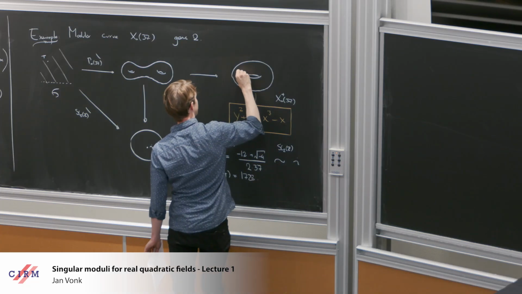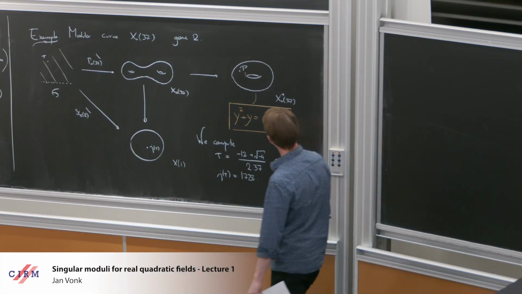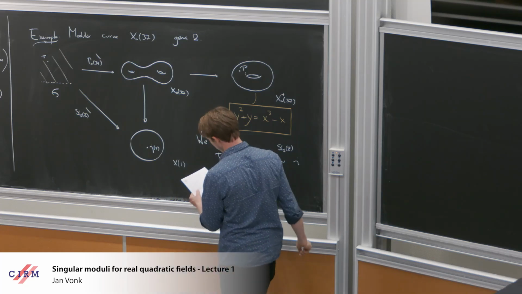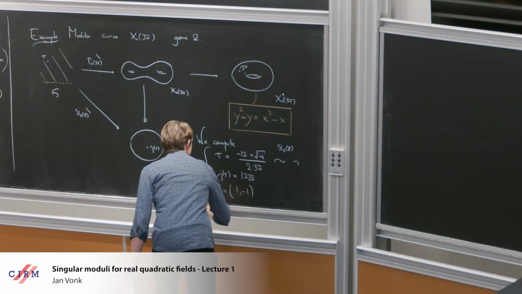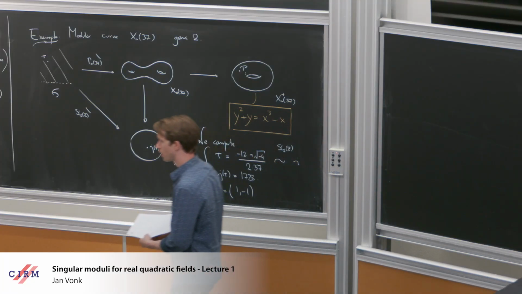So I'll tell you what the image P is on this elliptic curve. What came out of the computation is that the point is (1, -1). You can check that's a solution to this equation.